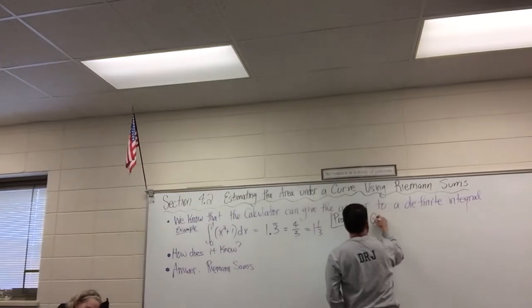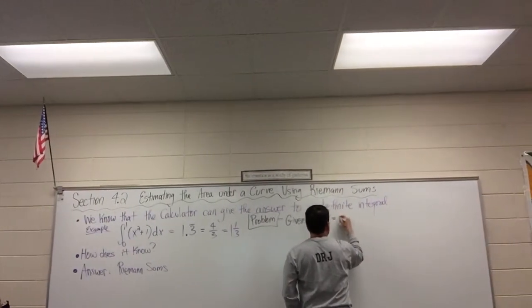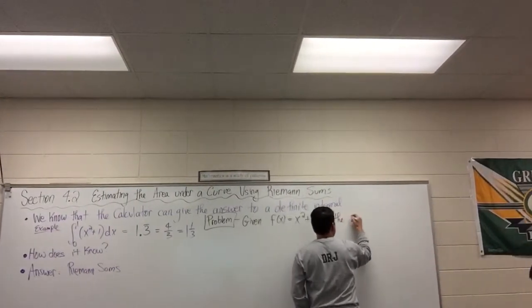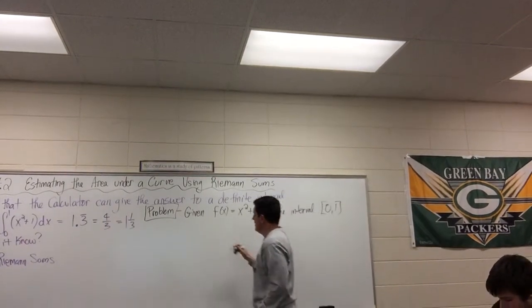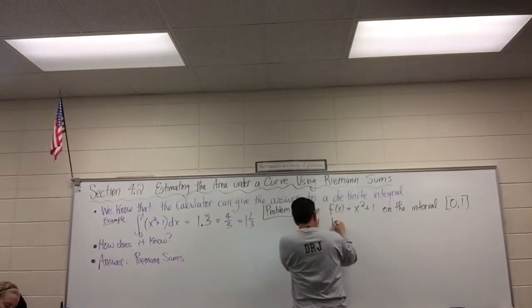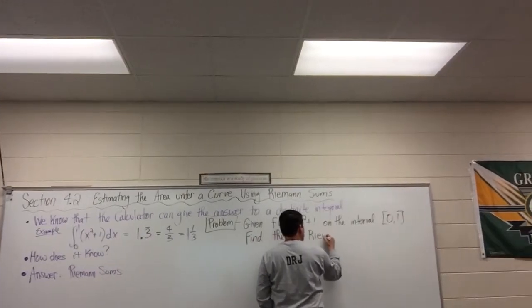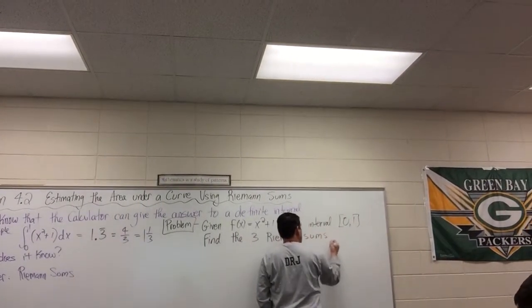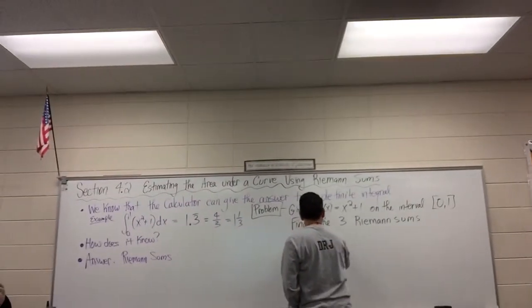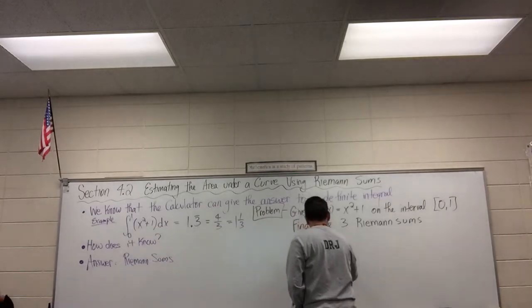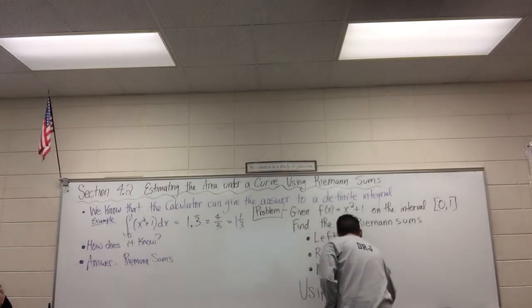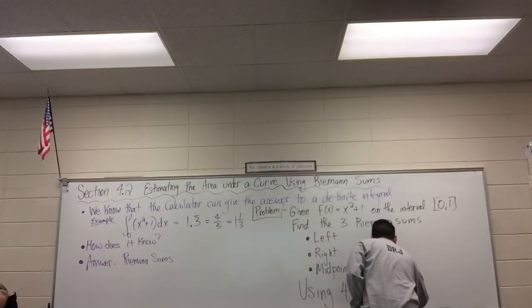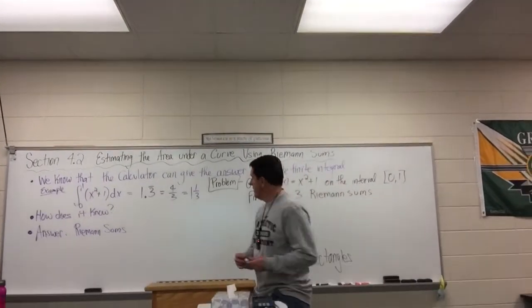Given f of x is equal to x squared plus 1 on the interval from 0 to 1, find the 3 Riemann sums, and that is the left, the right, and the midpoint, using 4 rectangles. In your homework, you're going to have to do this exact same thing.